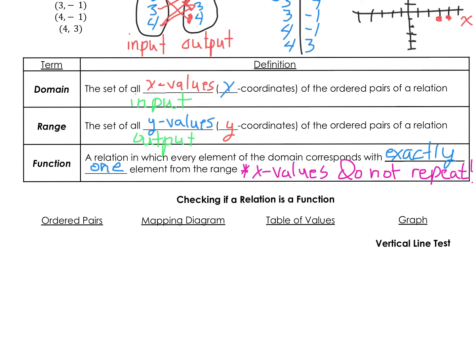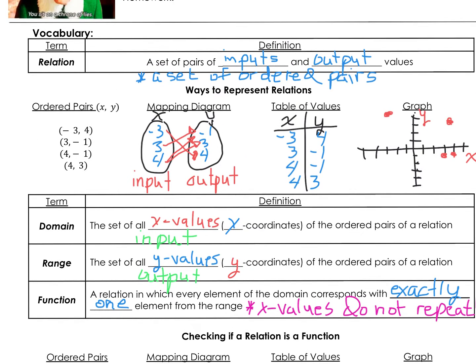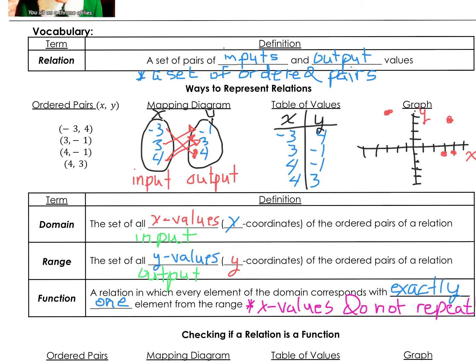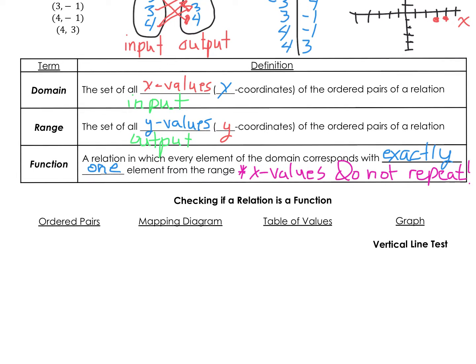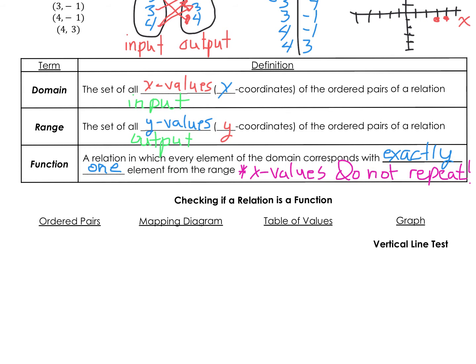That's what that means in simplistic terms. X values do not repeat. So then we're going to look down here at all the rules for determining if a relation is a function. So remember, we looked at all of these different types of functions that you can have. We're going to look at the rules that you need to apply to each of these, and then we're going to apply them to the relations above that we drew.